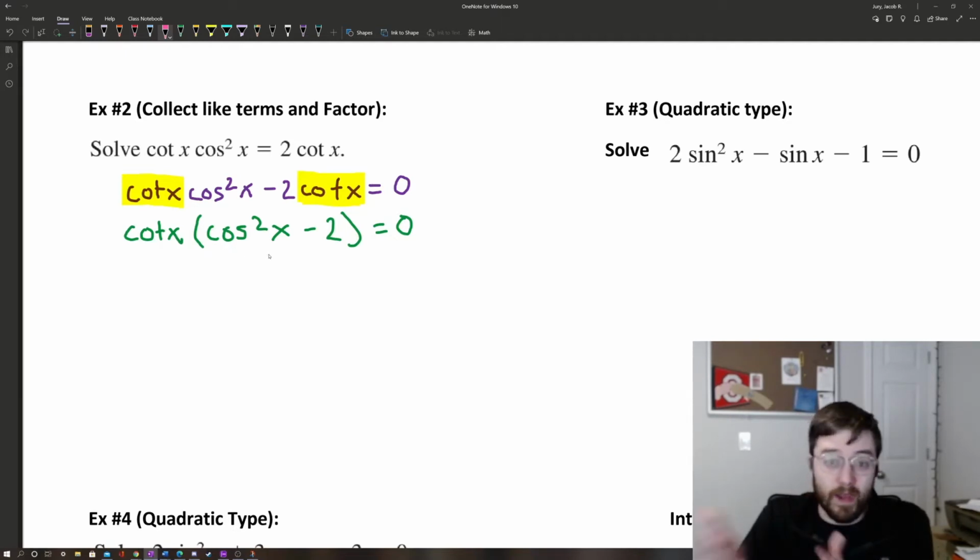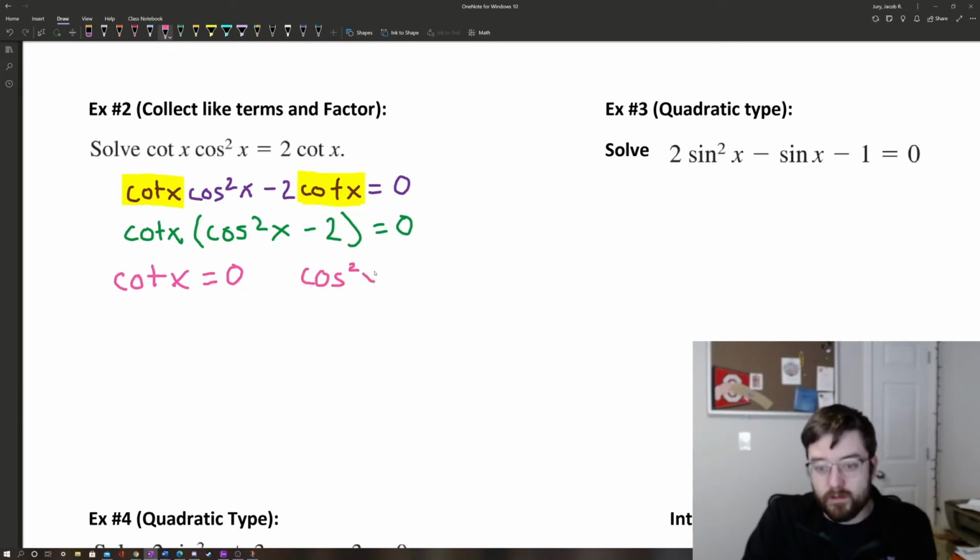In fact, either of them could be 0, so we have to split up this multiplication problem into two separate equations. And you've done this before with quadratics. You did it all the time. That's how you solve quadratics. So you're now solving just these two separate equations with that zero product property.